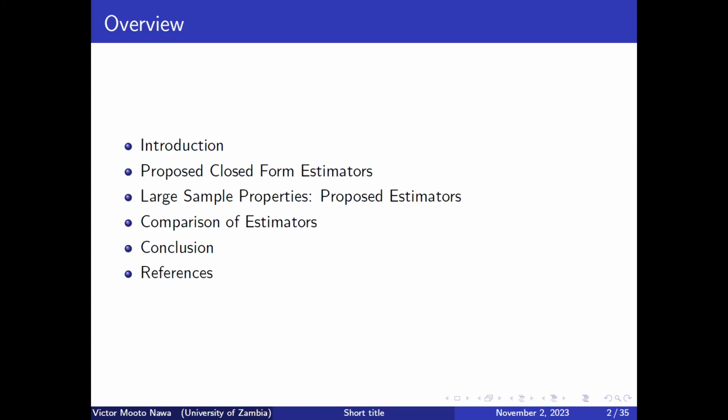This is an overview of what I'm going to present: an introduction and background, then the proposed closed form estimators, then the large sample properties, some comparisons with other estimators, and finally some conclusions and references.